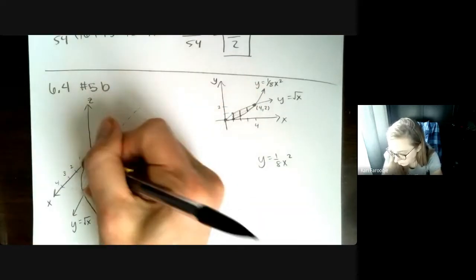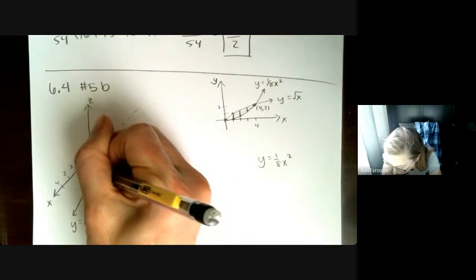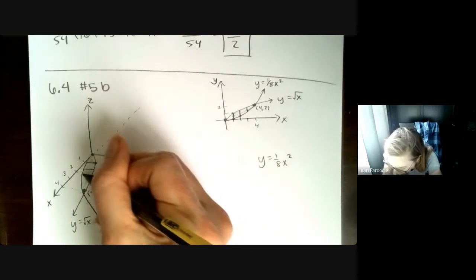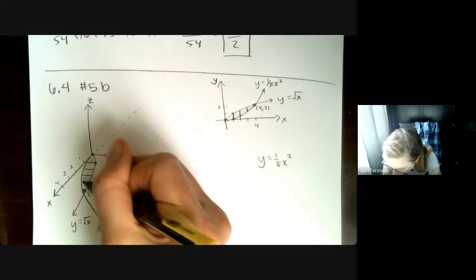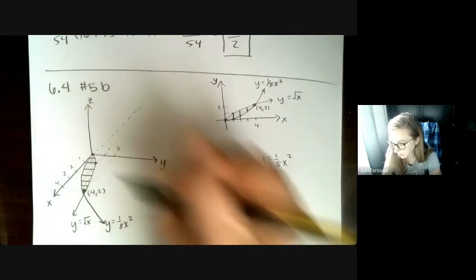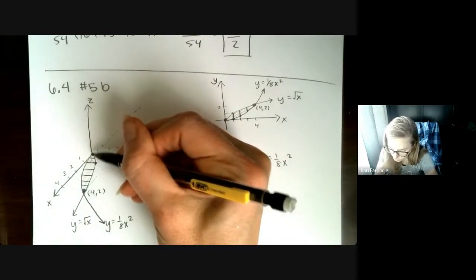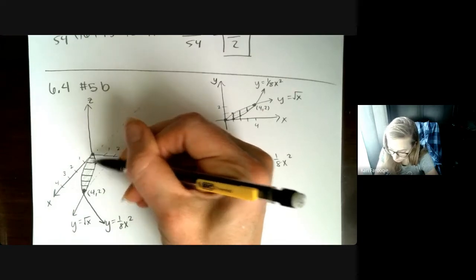Do the best you can. The nicer your picture is, the easier the problem will be for you to do. Okay, so it kind of looks like that. And you can imagine how you're going to get these equilateral triangles that are going to be built off of this base.